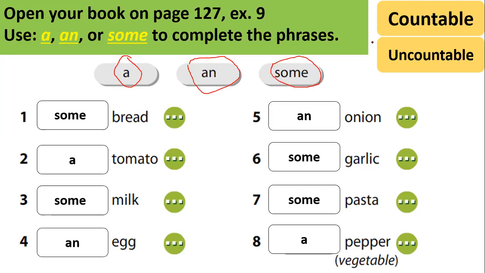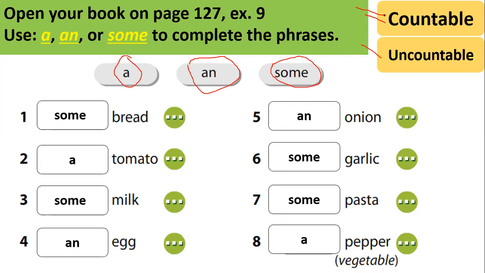If I have countable and uncountable, what words do I use for countable? Countable, a or an. Exactly.